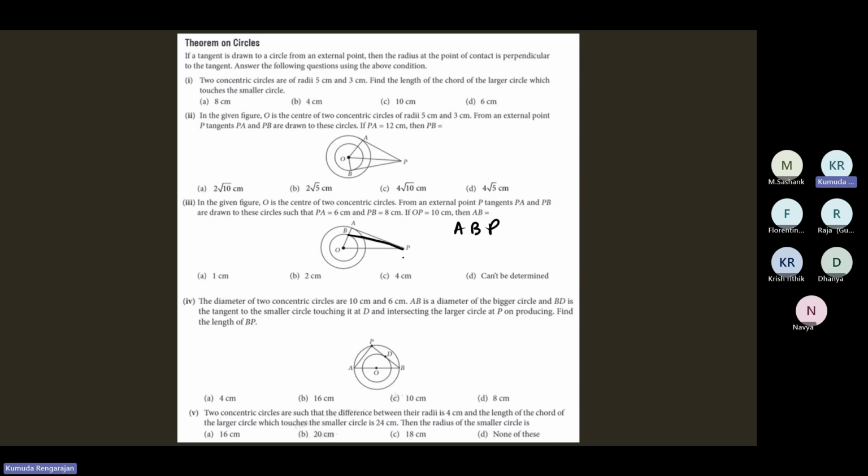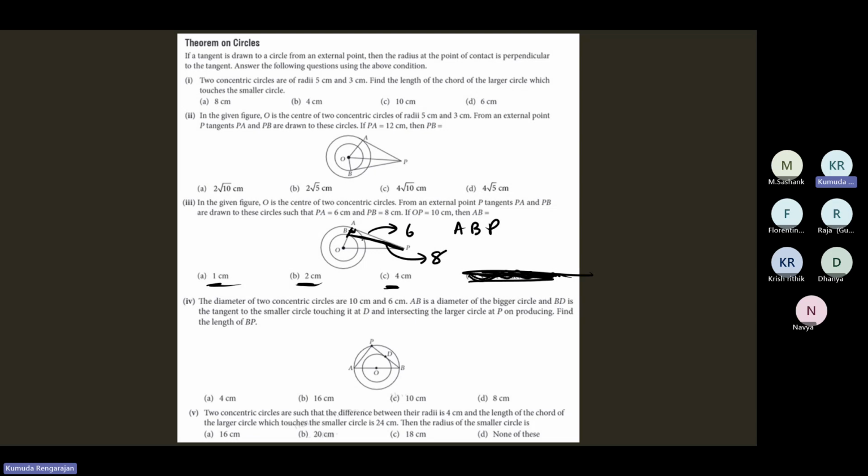I'm not comfortable with this question. So we'll just do it together so that we come to the right answer. PB is given 8. Then this one is given 6. So if you try to find AB, you will not get any of these answers, no? It can be determined, but we can't get any of these options.